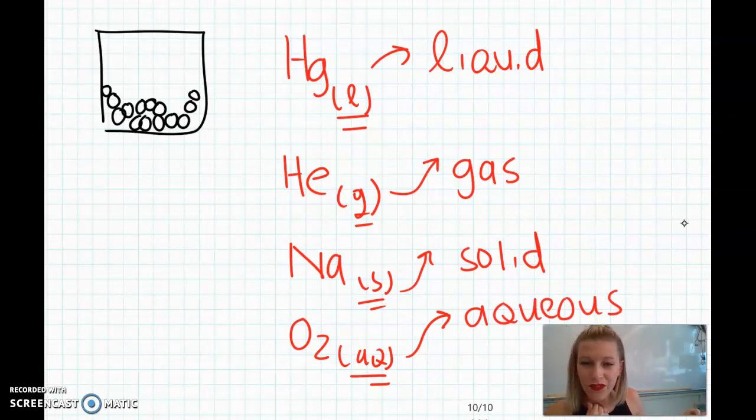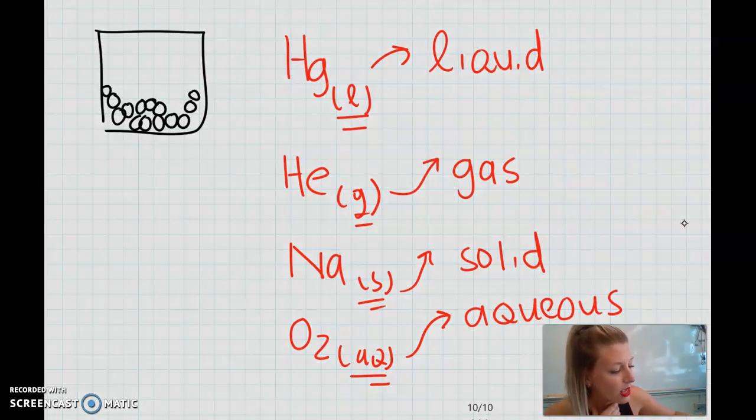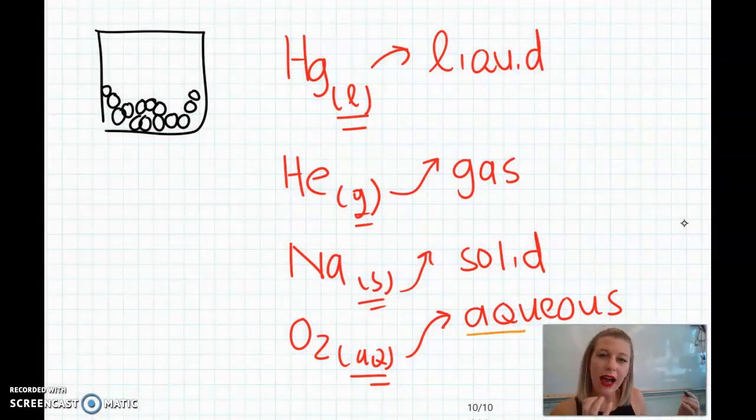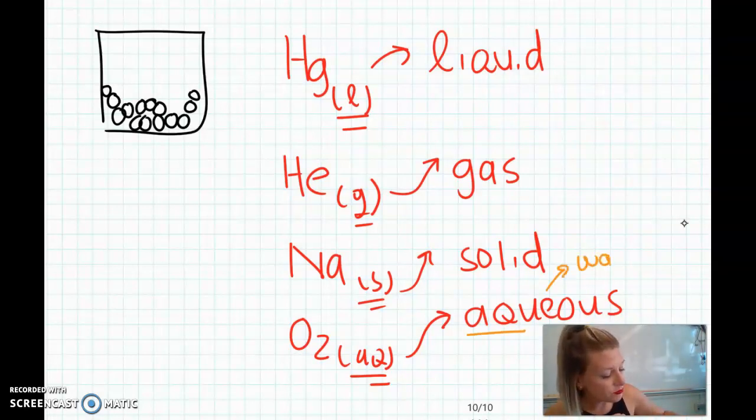So let's go ahead and define what it means to be aqueous. If we look at the base of the word aqueous, you might hear the word aqua, like aqua, which usually means water.